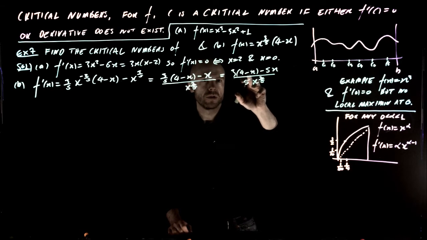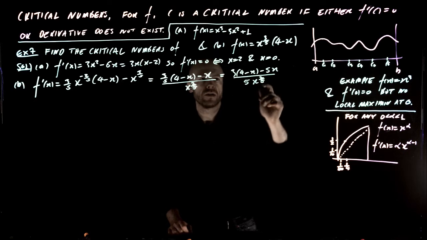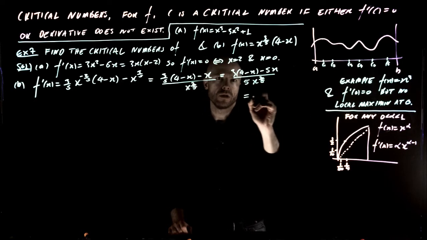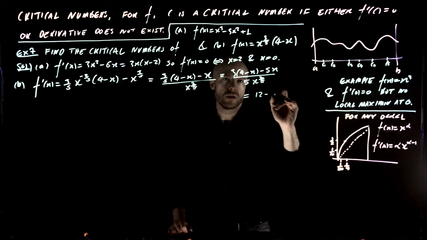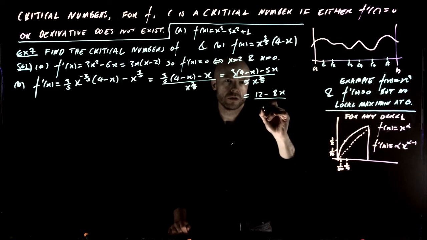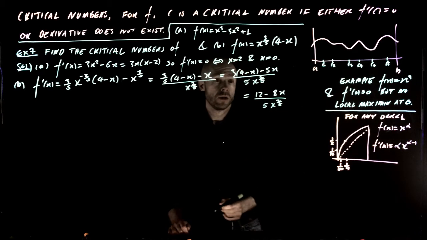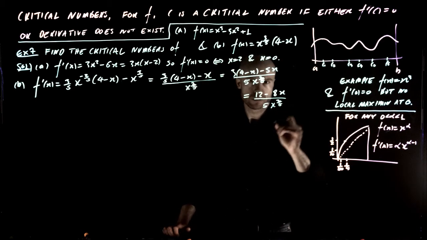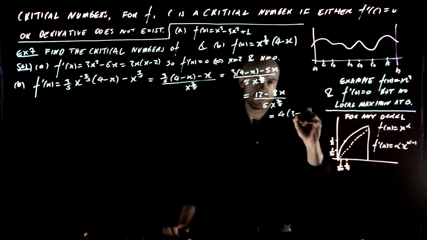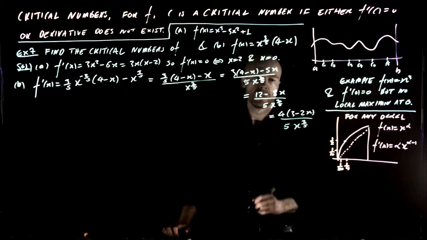We're going to have 12 minus 3x minus 5x, and that's going to be 12 minus 8x over 5x to the 2 over 5. And we can factor out a 4 here, so we're going to have 4 times 3 minus 2x over 5x to the 2 over 5.